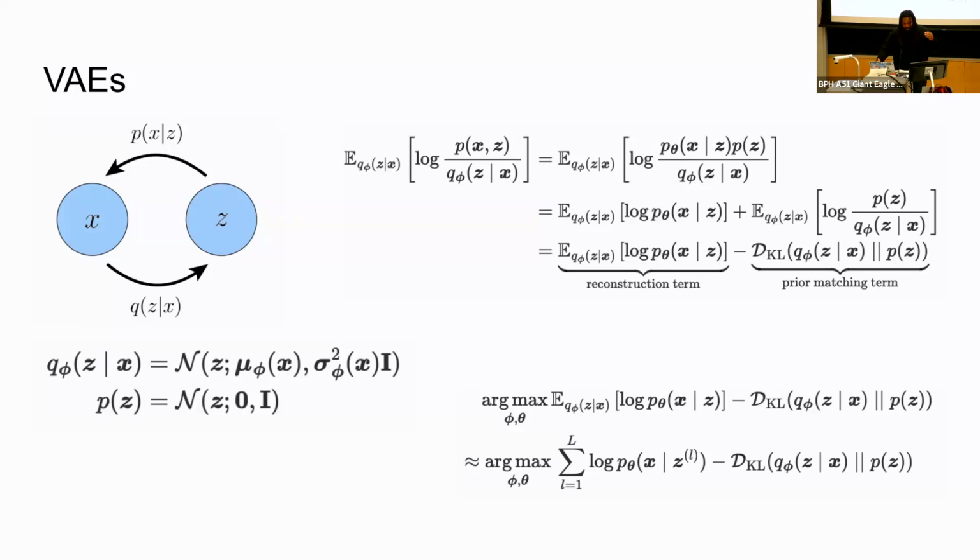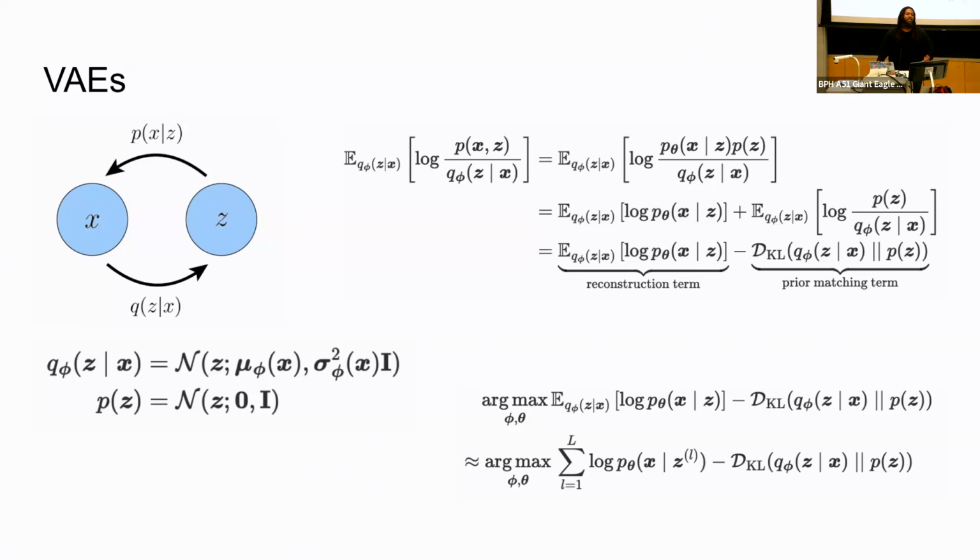Simultaneously, we learn a deterministic function, p sub theta of x given z, to convert a given latent vector z into an observation, which we can interpret as a decoder. The important part is that we're jointly parameterizing these variables, we're jointly trying to find them. You've seen this in the last lecture.